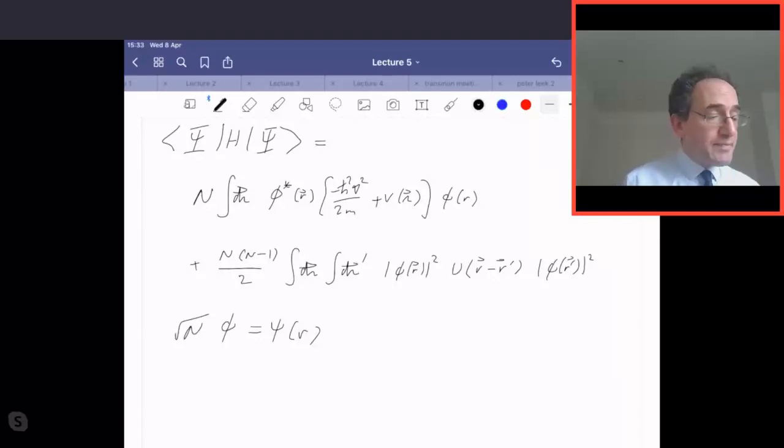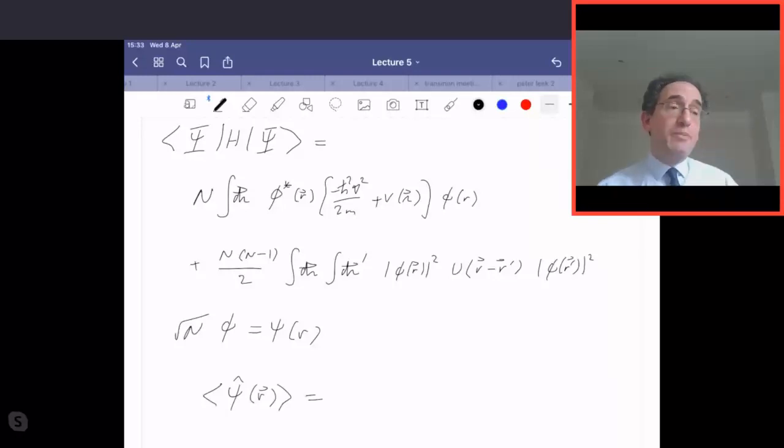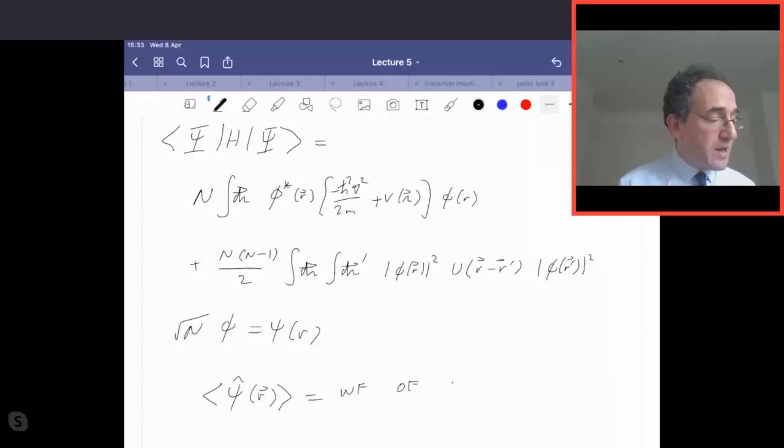Nonetheless, it is still the case that the expectation of the annihilation operator will still be a good order parameter. This will still represent the effective wave function of the superfluid, or order parameter.